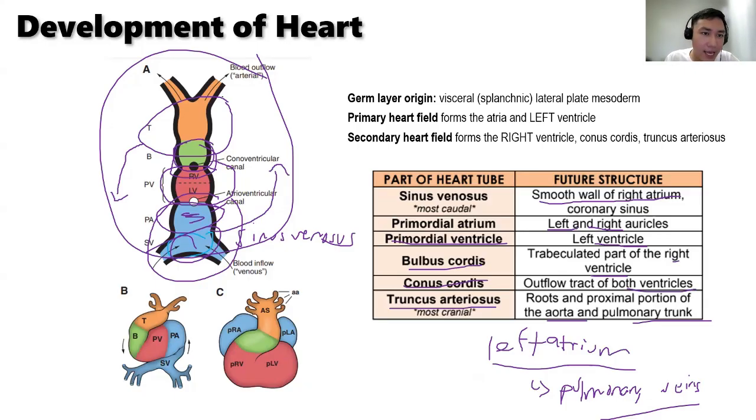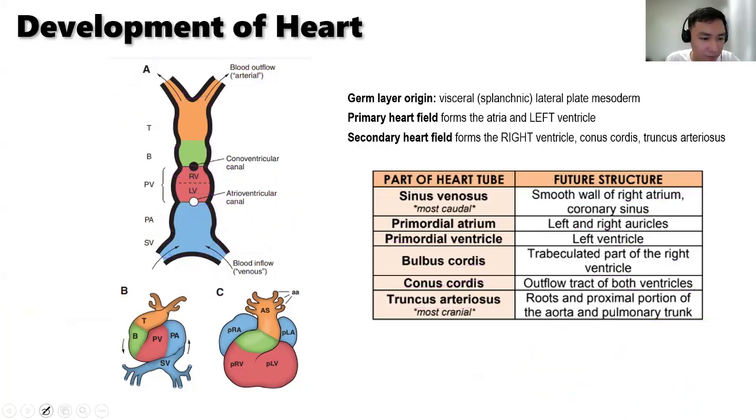So again, itong mga superior portions right here, they will now go to their correct positions by going ventrally to the right and caudally.